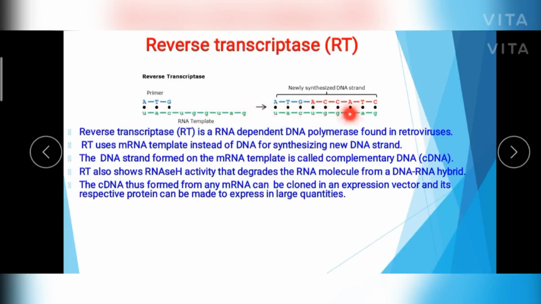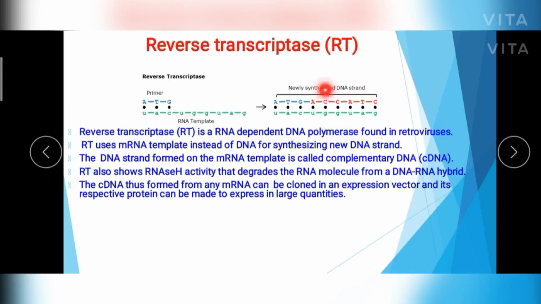At the end of the reaction you will get an RNA and DNA hybrid. This hybrid is treated with ribonuclease. Ribonuclease activity is also present internally in this reverse transcriptase enzyme. This RNase H activity cleaves the RNA strand from the hybrid, and it leaves single stranded DNA.